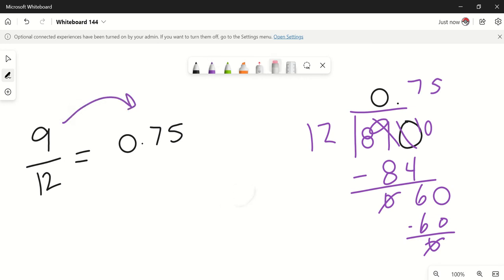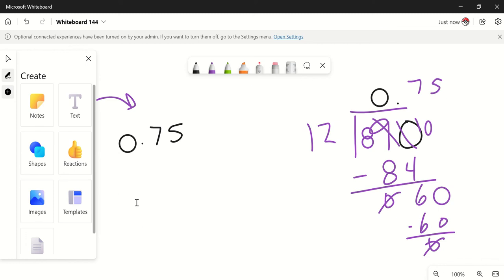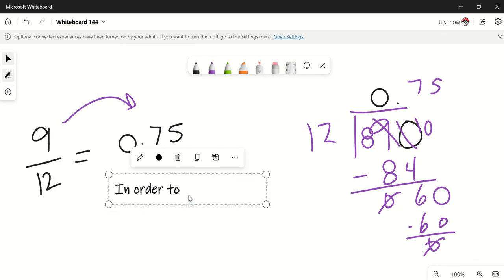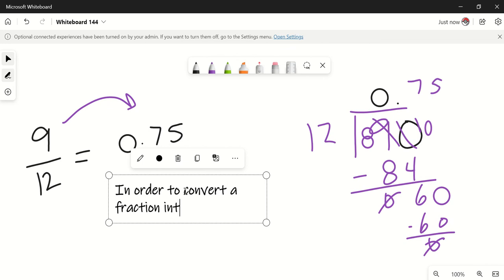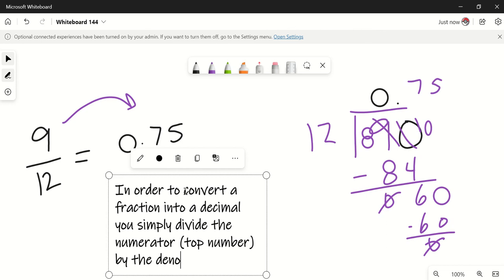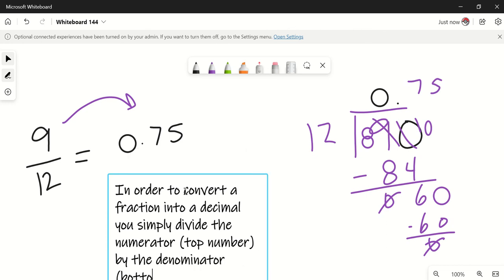You divide. Add this into our notes, ladies and gentlemen. Let me go ahead and do a text box here for this one. And I'll move it out of the way. In order to convert a fraction into a decimal, you simply divide the numerator, top number, by the denominator, or bottom number.